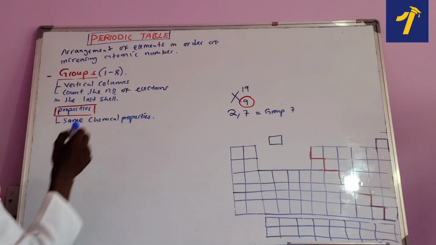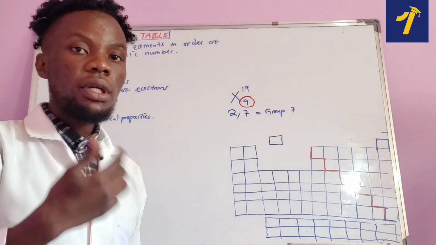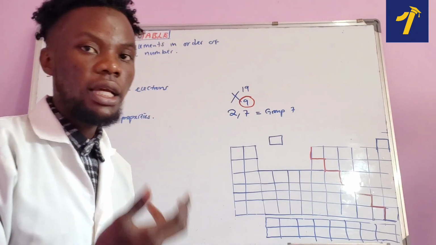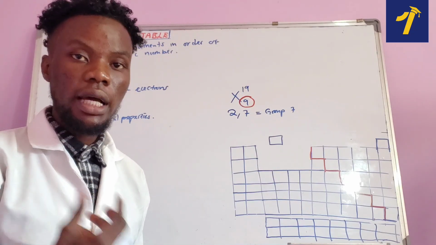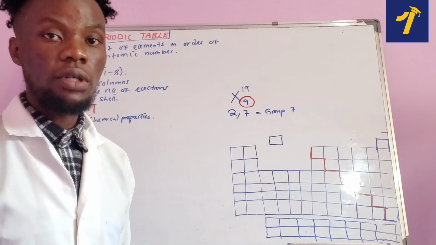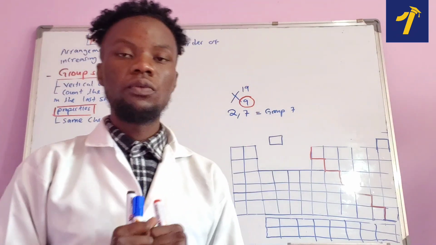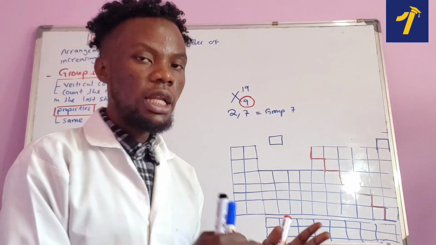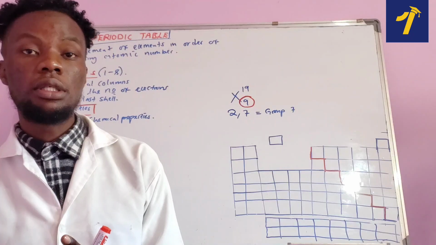Again, if you say chemical properties, what does it mean? If you start talking about chemical properties, we are simply talking about how that element reacts with other elements. We mean a certain element or atom reacting with other atoms or elements.